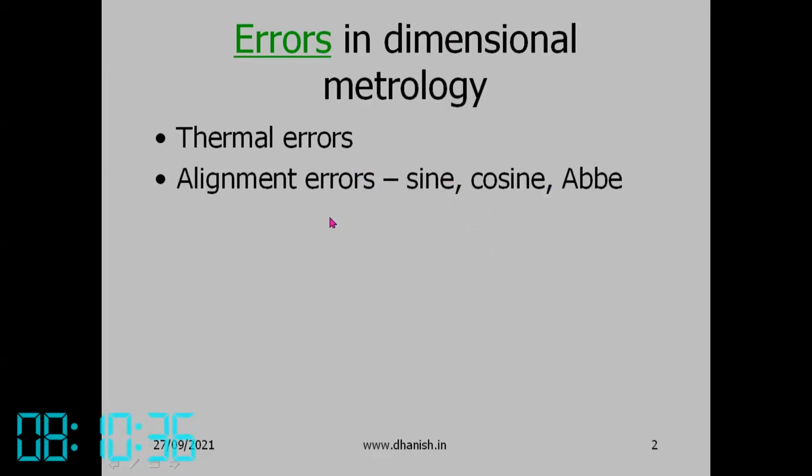Then we have alignment errors. So mostly caused by misalignment of the scale with the line of measurement. So misalignment of the scale or the contact faces, both of them cause errors. So they are the sine error, cosine error, and Abbe error.